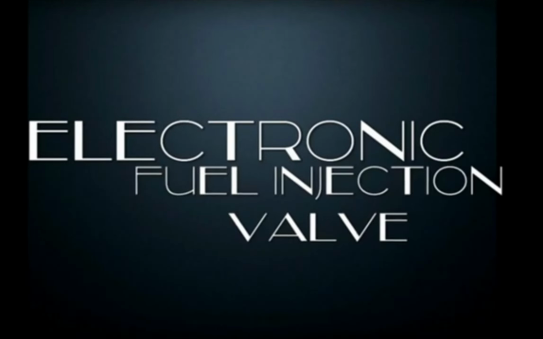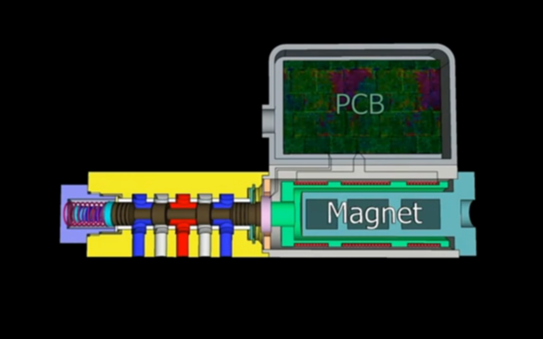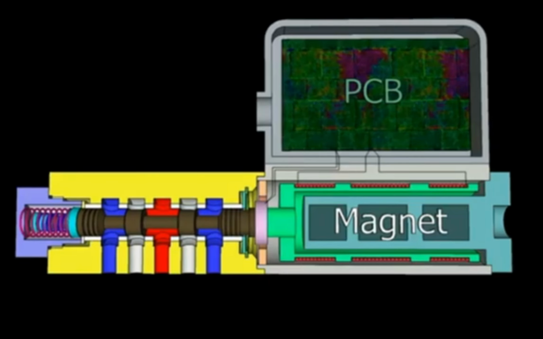Next is the electronic fuel injection valve, named the LV or FIVA valve. It is a proportional control valve, a solenoid valve, which acts as a pilot valve for the main spool valve. It is controlled by the PCB, which is a computer processor, which will activate the voice coil drive, which will move the spool of the pilot valve.